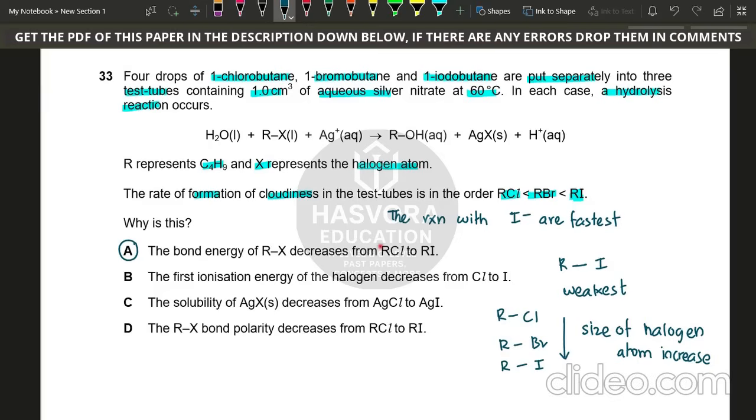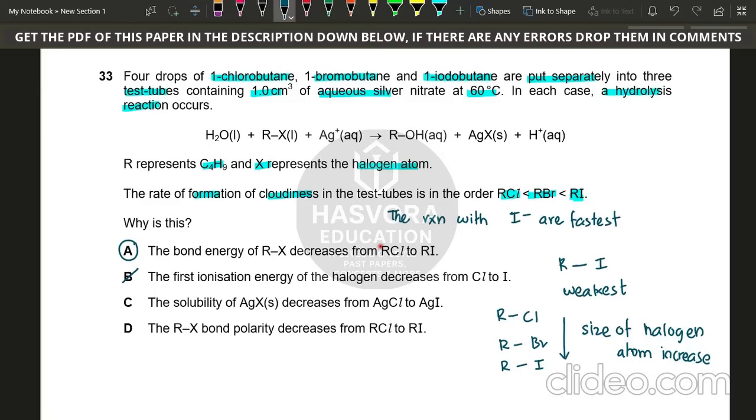Now the second statement says the first ionization energy of the halogen decreases from Cl to iodine. This is clearly incorrect because ionization energy has nothing to do with it. Even if you think with respect to ionization energy, it will decrease down the group.